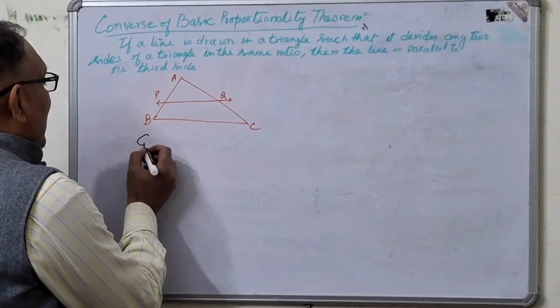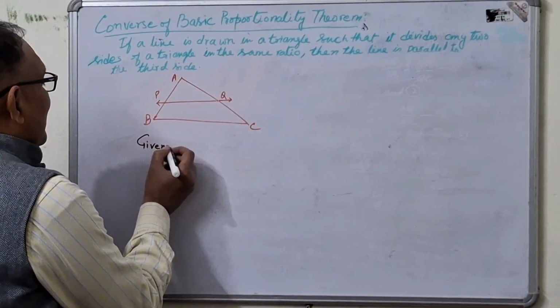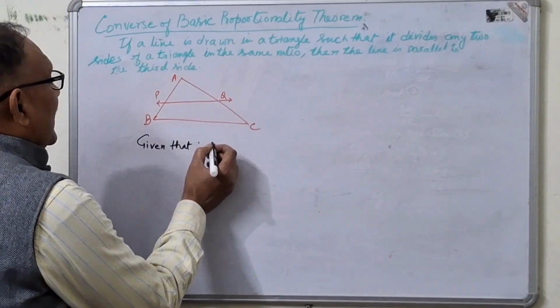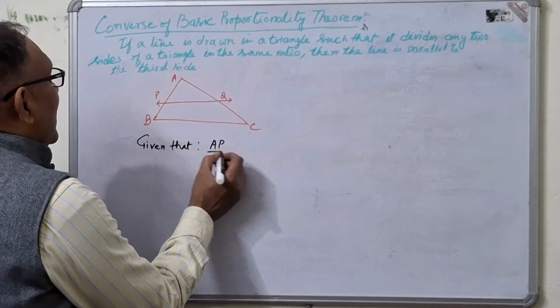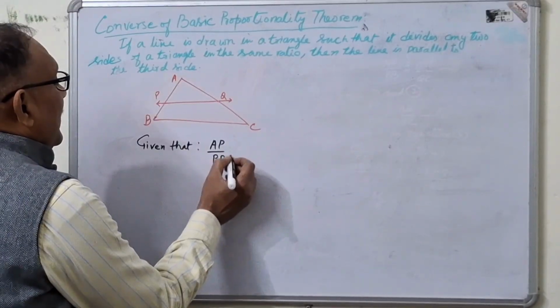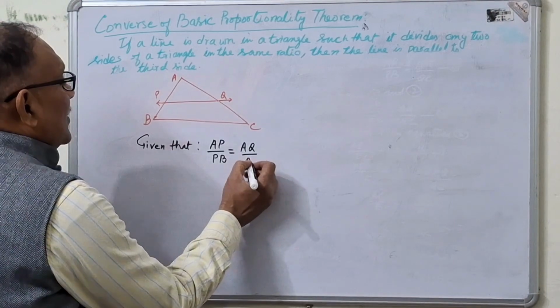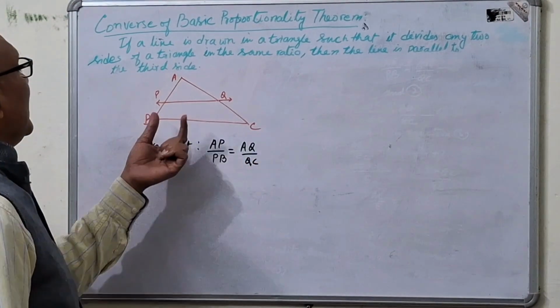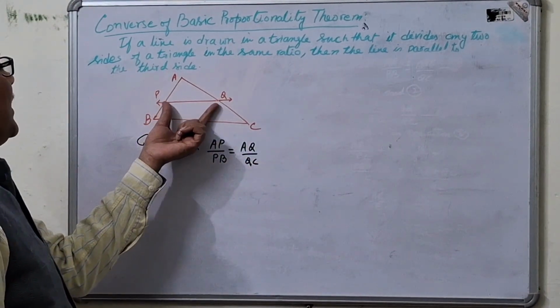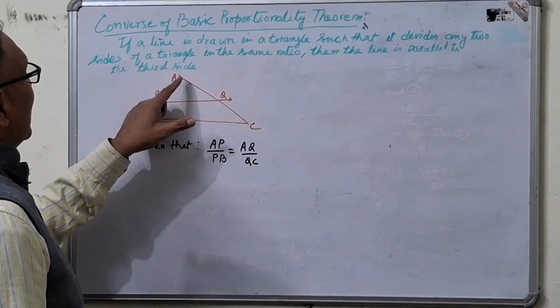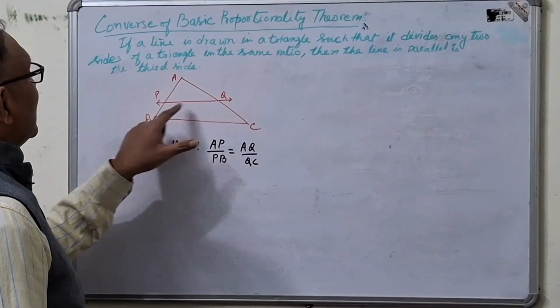Now it is given that AP upon PB equals AQ upon QC. It means line segment PQ divides sides AB and AC of the triangle ABC in the same ratio.